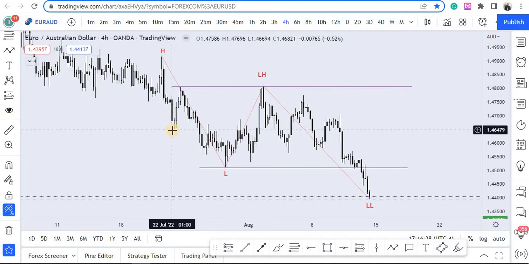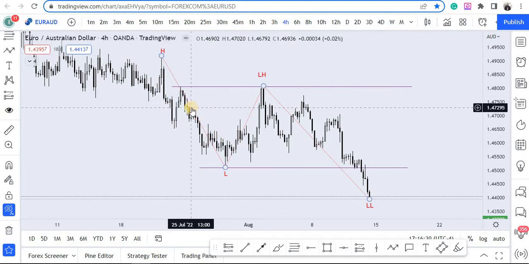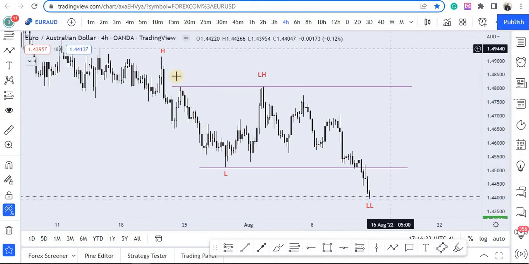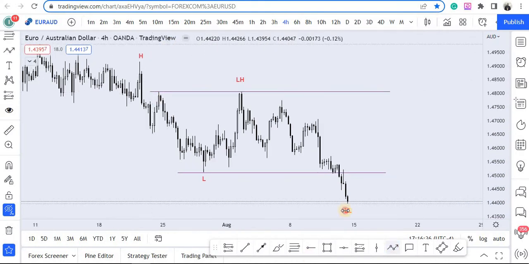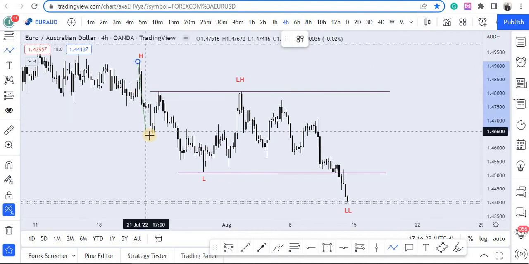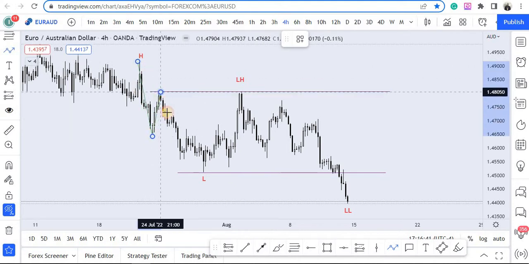Right, so we have this structure, let's say this high, this high is low, just to explain, something like this, and we have a break.